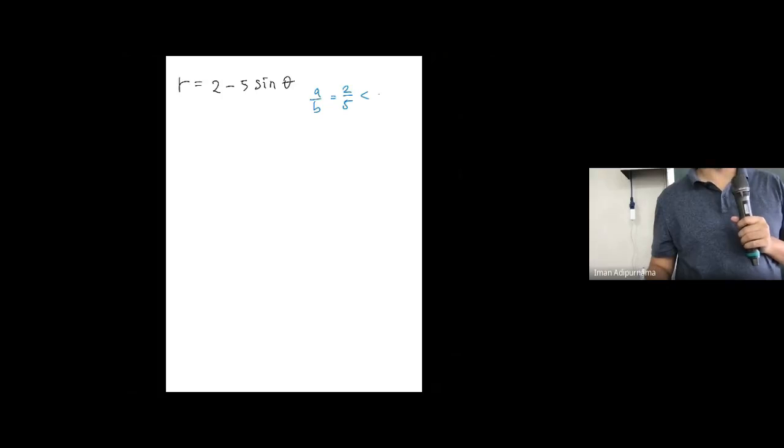First thing to note is A over B is 2 over 5, which is less than 1. Okay. So it will be a limaçon with inner loop, which is the same as the previous example. But the difference is we have sine and we have negative here.